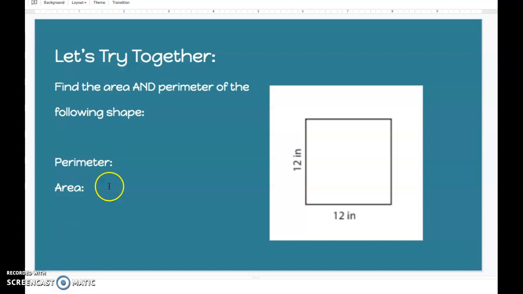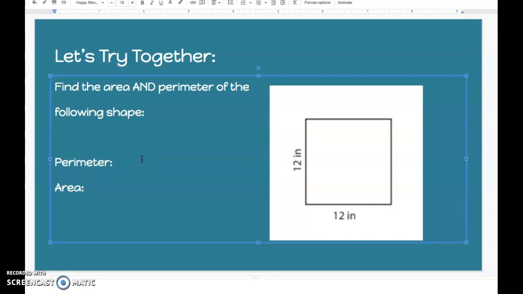Okay, welcome back, fourth graders. So to find the perimeter of this shape, I know that perimeter is length plus width plus length plus width. So I know I need to be adding here. Well, my length is 12 plus 12.